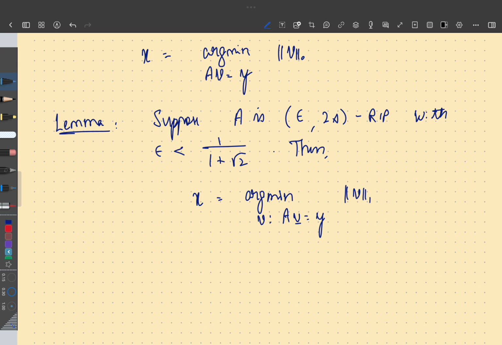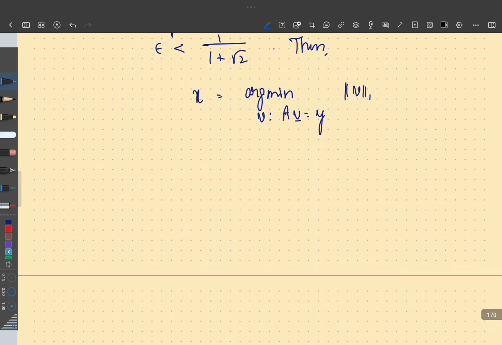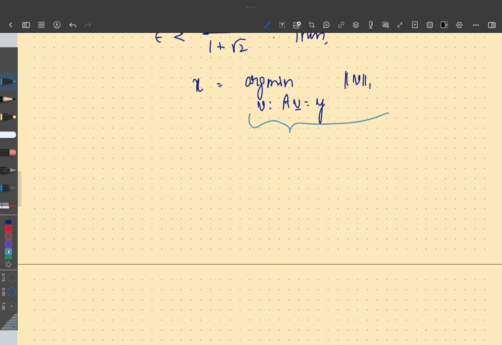So instead of doing an L0 minimization, you can replace that with an L1 minimization, and this is a convex optimization problem, and hence can be solved efficiently.